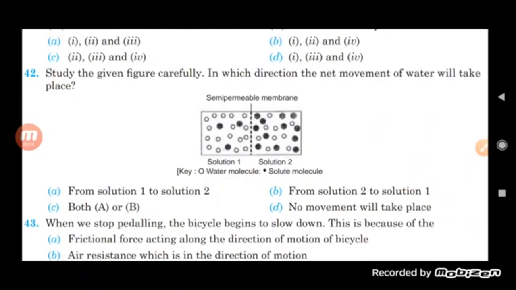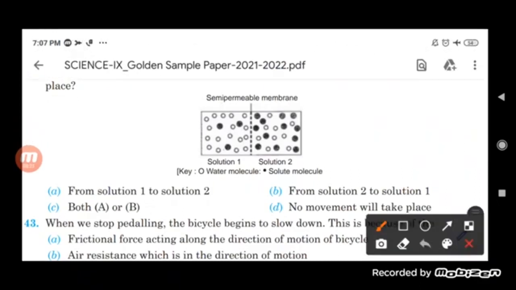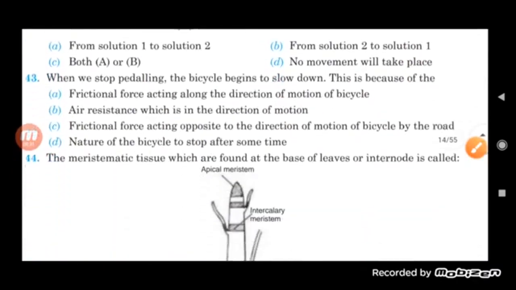Obviously the number of solvent and solute is not balanced, so the movement occurs from the first solution to the second solution. So this one will be the correct option, students.